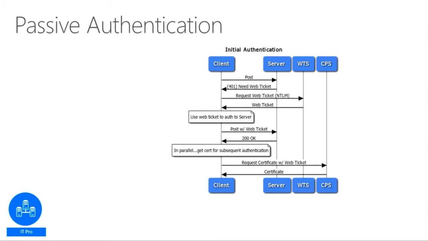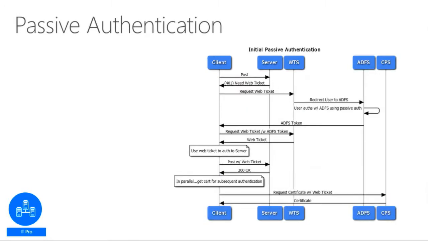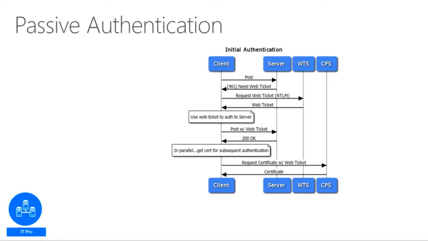For subsequent authentication, the client won't use all those steps. It will only use the certificate granted by the Lync server. But the first initial authentication goes through NTLM or Kerberos, depending on whether you are connected inside or outside.